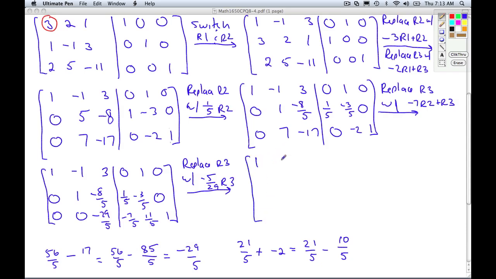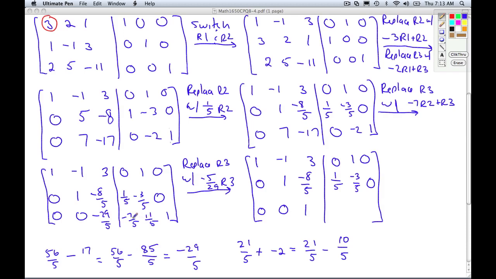So row 1 I've kept the same, 1, -1, 3, 0, 1, 0. Row 2 I've kept the same, 0, 1, -8/5, 1/5, -3/5, 0. Multiply 0 times anything, I'm going to get 0. Same thing here. This gives me a 1.